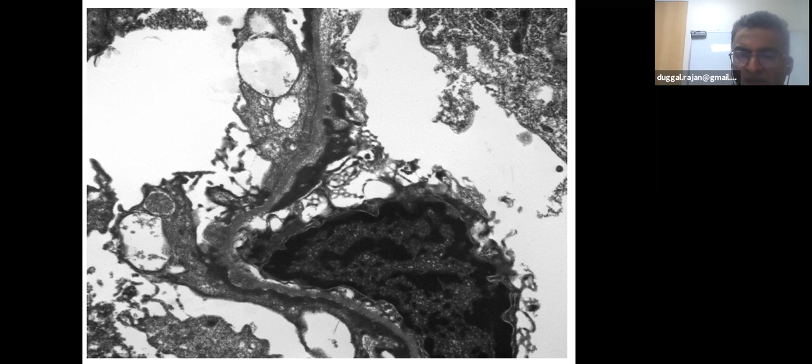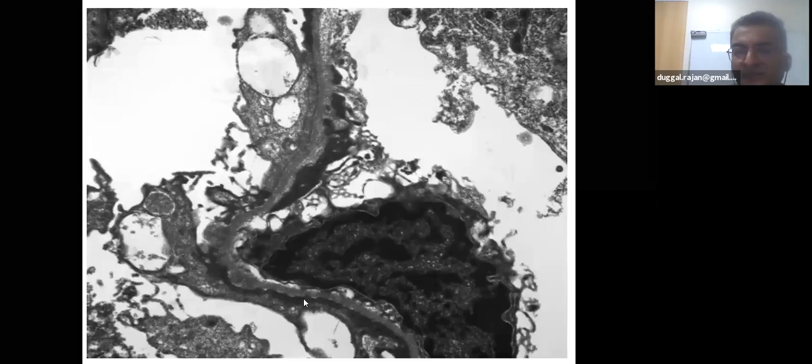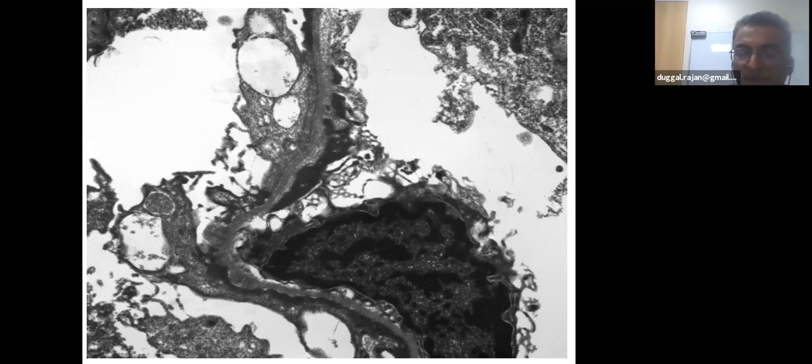So what I want to tell you is, whenever there is diffuse foot process effacement, there will be some actin protein condensation. So this is actually actin protein condensation and not subepithelial deposits. This is for the pathologist to know about. Many times I've seen in MCD or FSGS with diffuse foot process effacement this actin condensation being interpreted as subepithelial deposit, which is not correct. But yes, immunofluorescence is going to help.